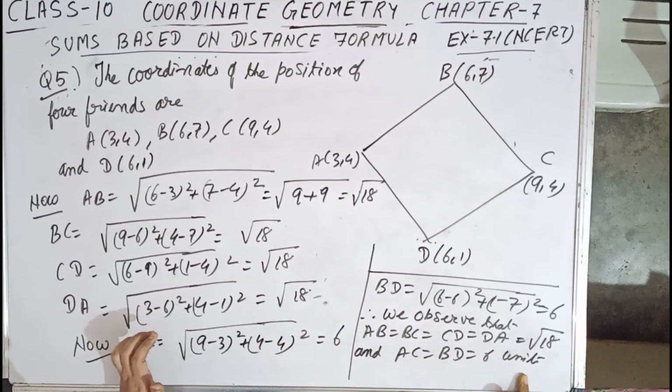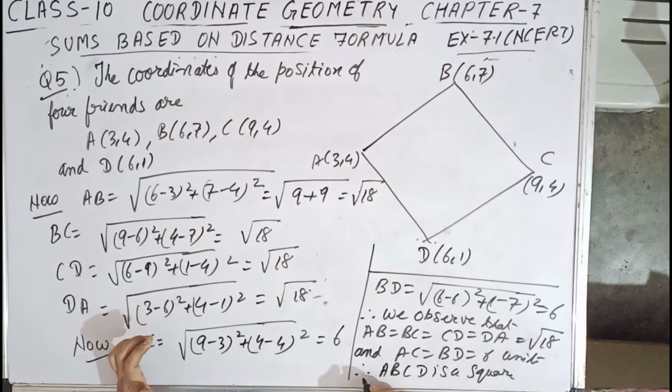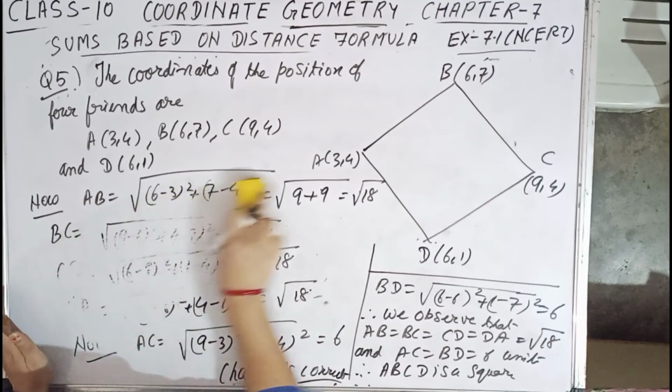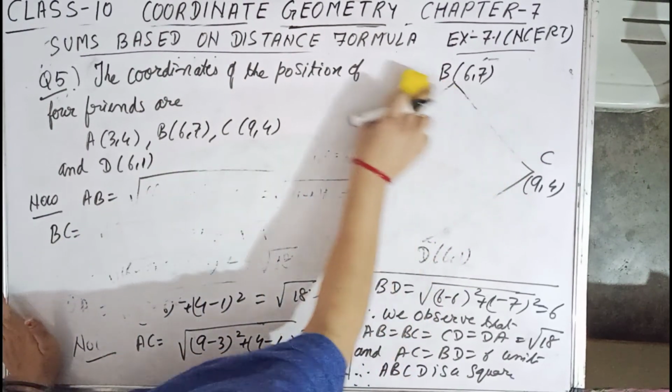Therefore all sides are equal as well as the diagonals are equal. Therefore ABCD is a square, and therefore we can write at last that Champa is correct, and hence this is the answer. So it's a simple calculation which you can do easily.